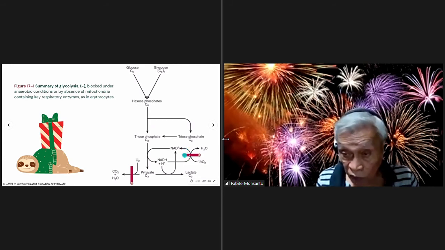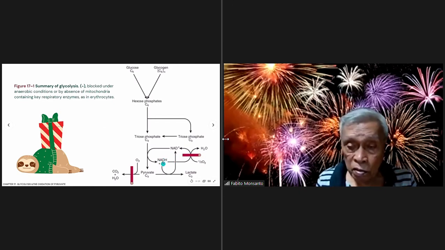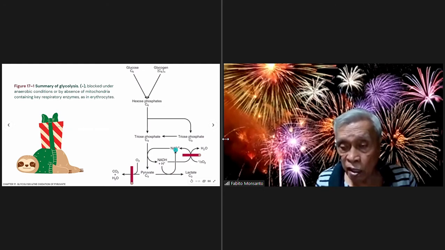Now, if this is blocked or there is no oxygen, the hydrogen here is given off to pyruvate to become lactic acid, and you regenerate back this NAD so that you can have this reaction again. Otherwise, if you do not have any more NAD, they are all NADH plus H.